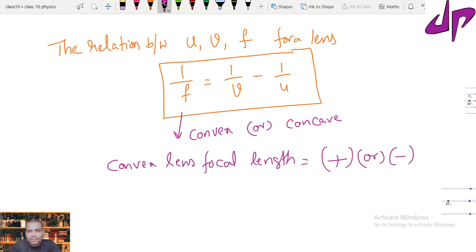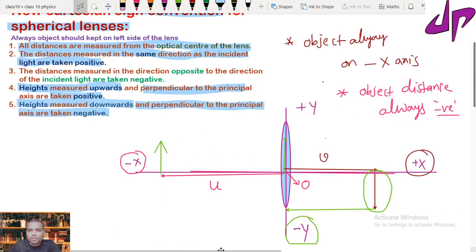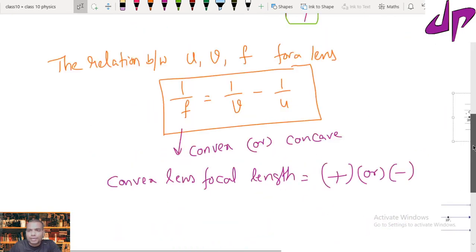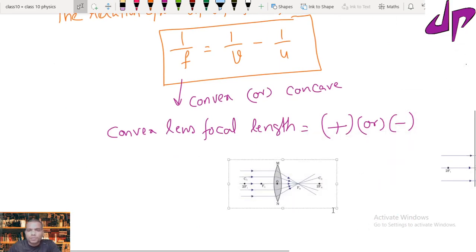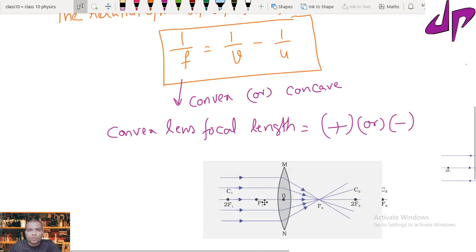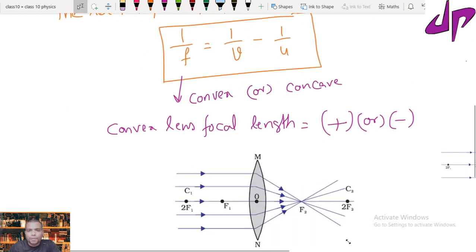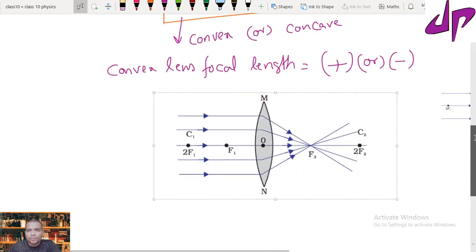How do we find that? If we take the convex lens ray diagram, this is the ray diagram for the convex lens. How do we define focal length?